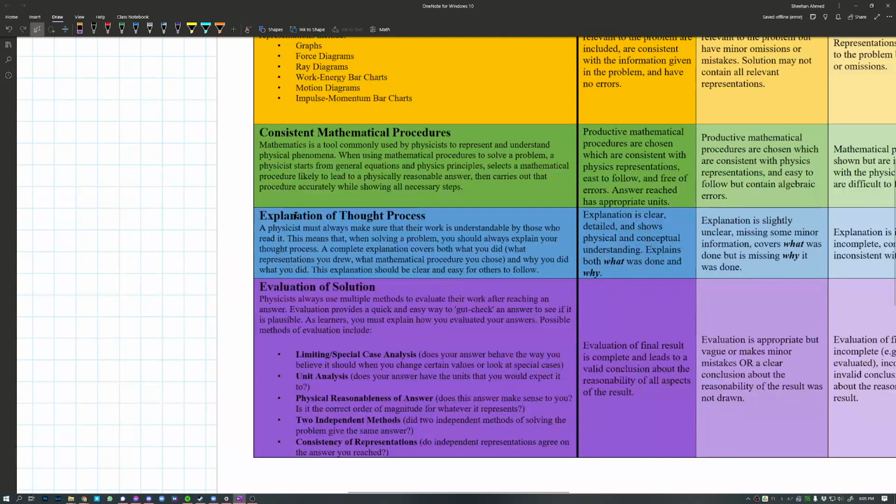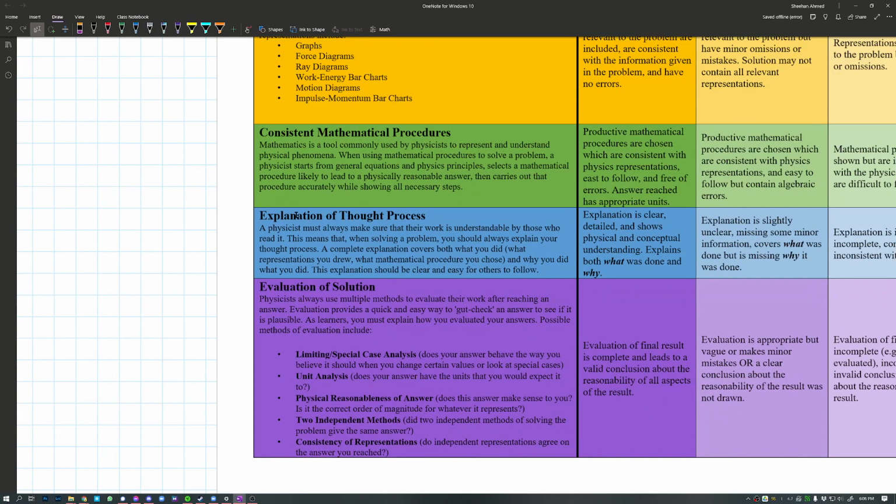explanation of thought process. This is a physics class. Again, I can't read your mind yet. And until I do, one of the skills I want you to develop is a good thought process and expressing to me what that thought process is so I can see if you're going in the right direction.